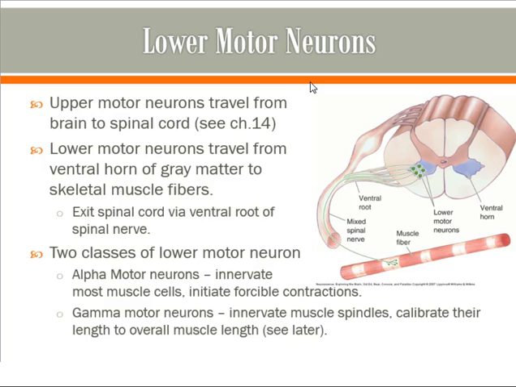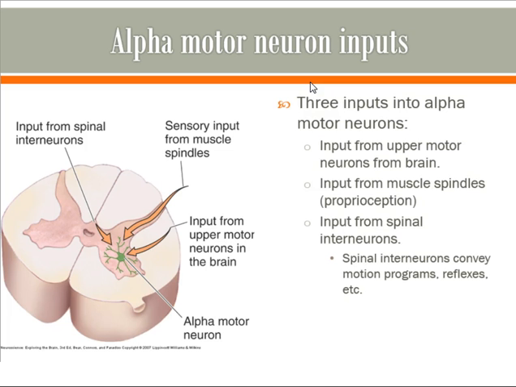We will get back to that point in the homework, so I'm just setting it up for now, but there's a good figure referenced on the homework that you can work through. Mostly we're going to be focusing on the alpha motor neurons in this chapter. So, if you're looking at an alpha motor neuron and trying to understand what kinds of signals it is receiving, and where it is getting its different signals from, there's actually a set of them.